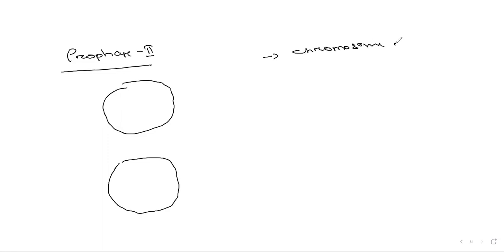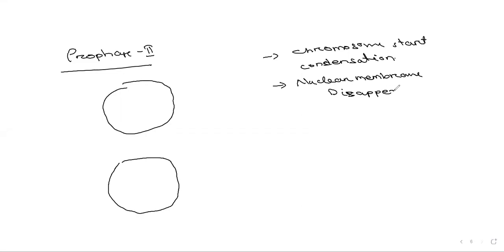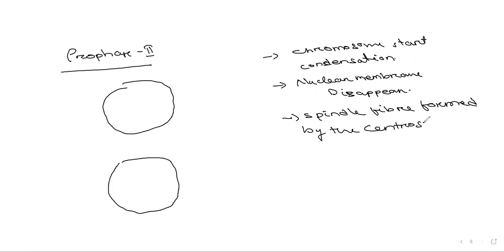Here also the chromosomes start condensation, and that condensation will ultimately lead to the formation of the chromosomes. The nuclear membrane disappears, the same as the mitotic division. Okay, the nuclear membrane disappears, and spindle fibers are formed by the centrosomes.